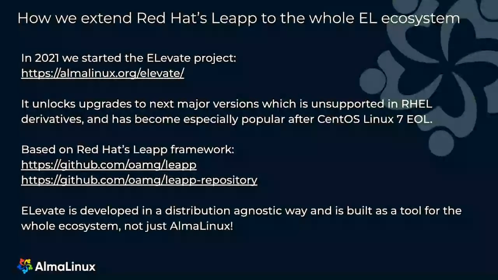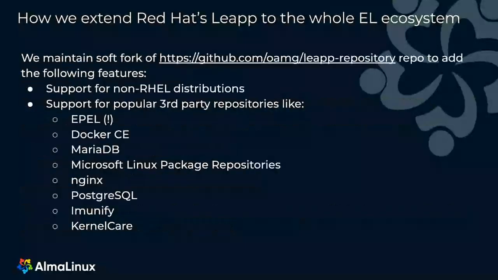The cool thing is that we don't only support AlmaLinux there, we support all distributions in the ecosystem. So we maintain a soft fork of it in our GitHub org. We unlocked support for non-RHEL, as I said, and we also unlocked support for third-party distributions' repositories, which is also not supported in the original Leapp.